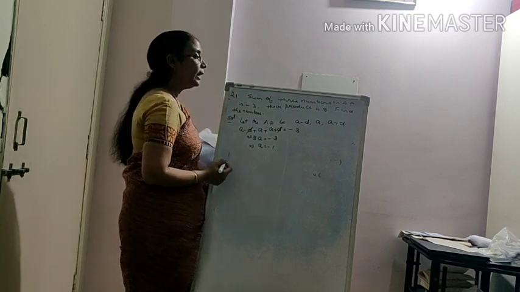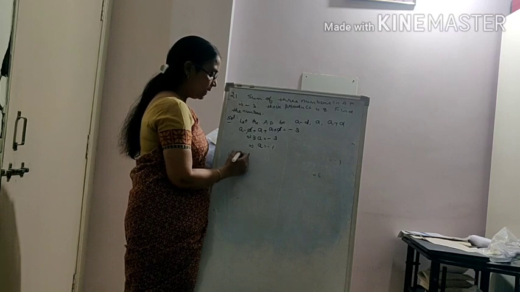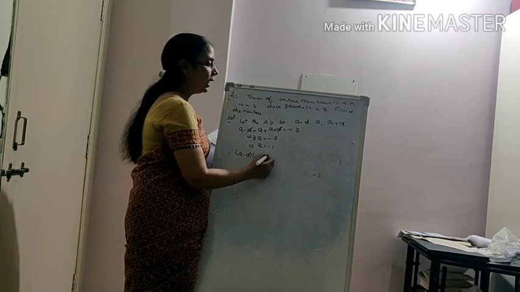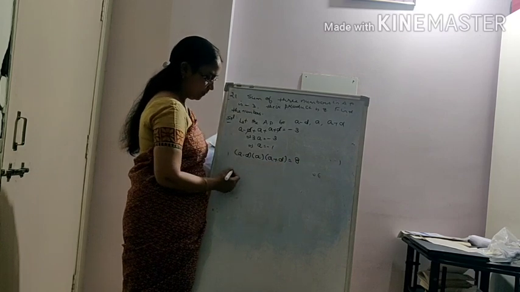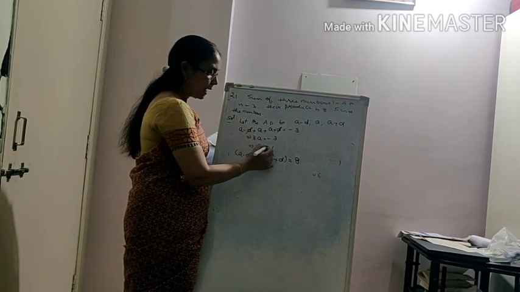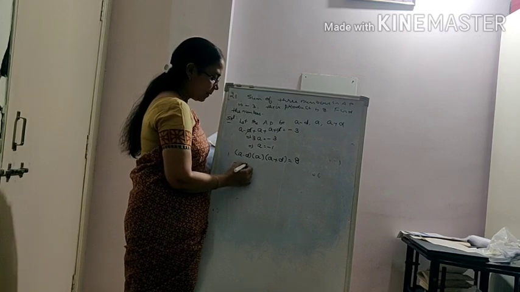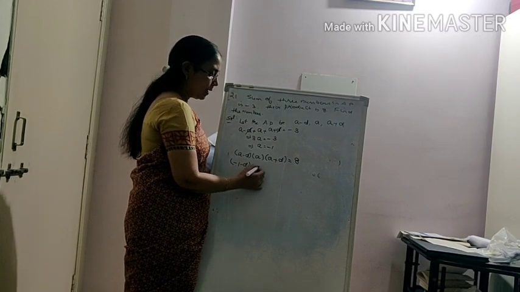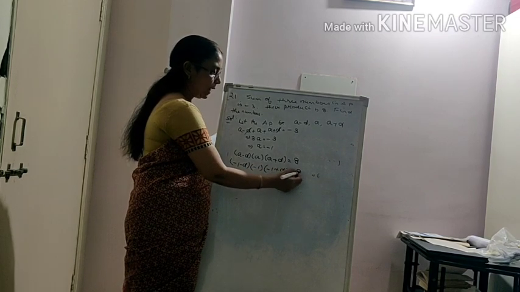Their product is 8. Their product, A minus D into A into A plus D, is 8. Now put minus 1 in place of A: minus 1 minus D, minus 1, minus 1 plus D is equal to 8.